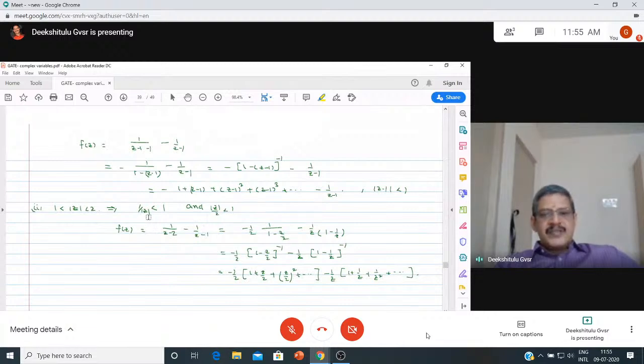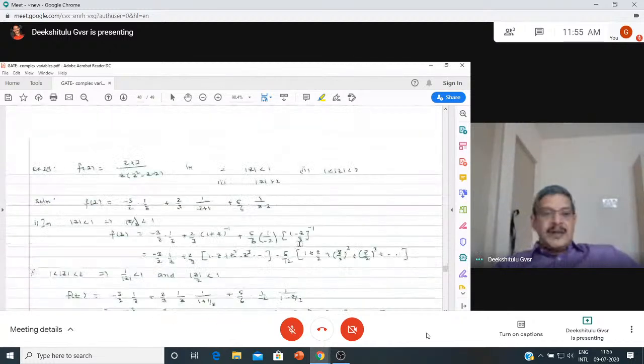For the second function, the relation we have is 1 by mod z less than 1, so take z common, so 1 minus 1 by z, power minus 1. So this has positive powers of z, and in this we have negative powers of z. This becomes our principal part, and this is our analytic part, in the Laurent expansion.